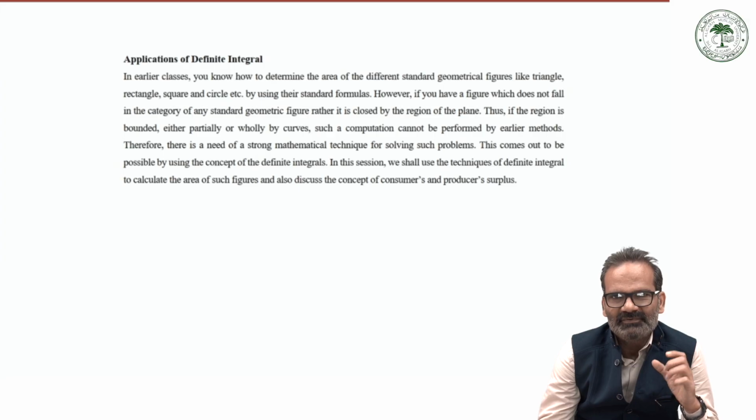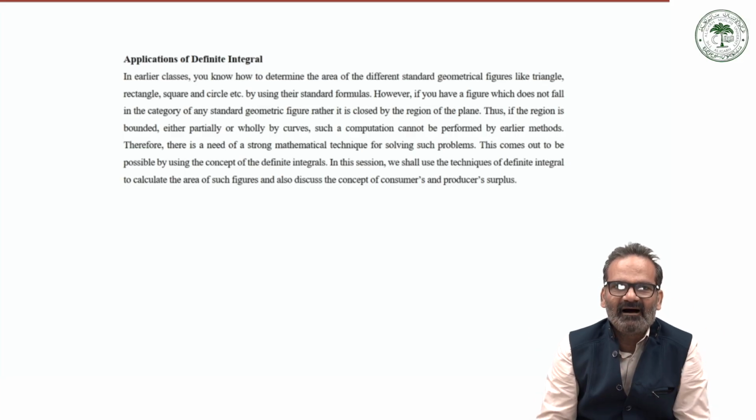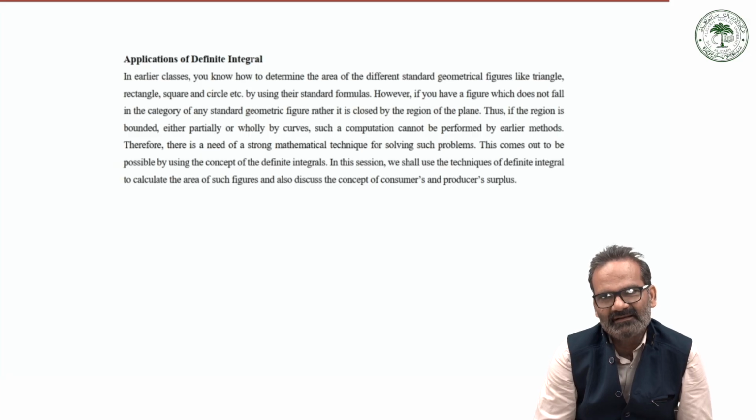However, if you have any figure which doesn't fall in the category of any one of these standard figures, rather its one side or its region is closed by a plane, and if the region is bounded either partially or wholly by curves, then what to do?